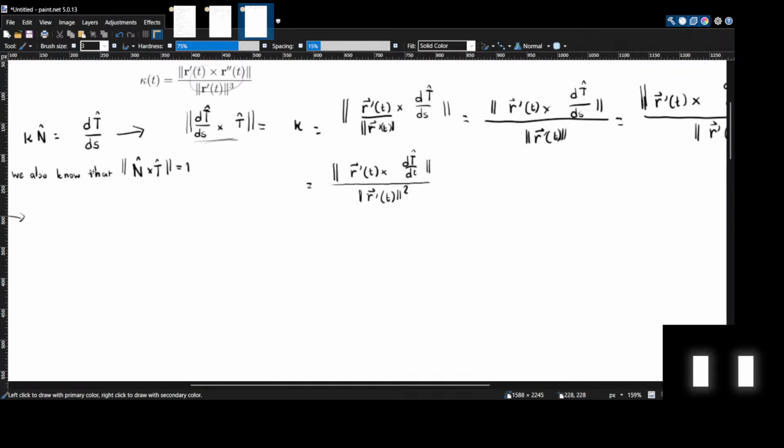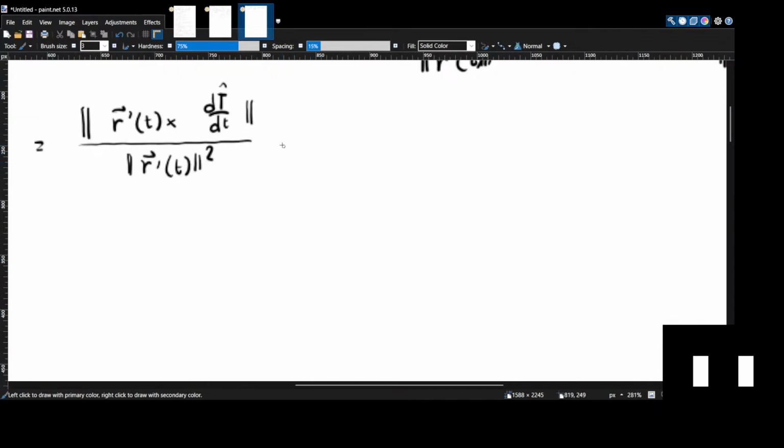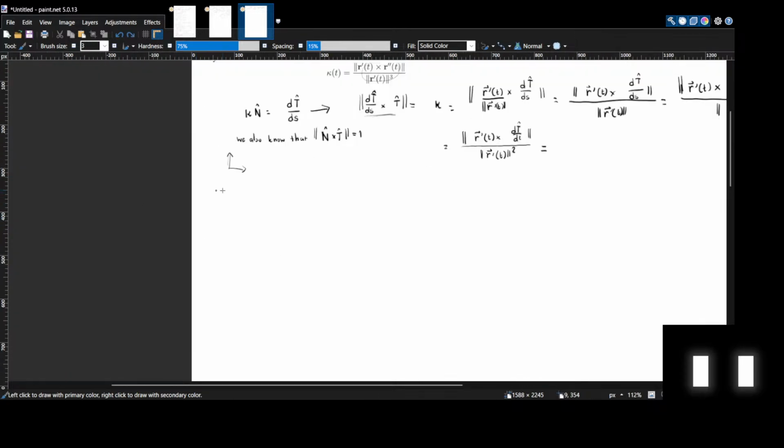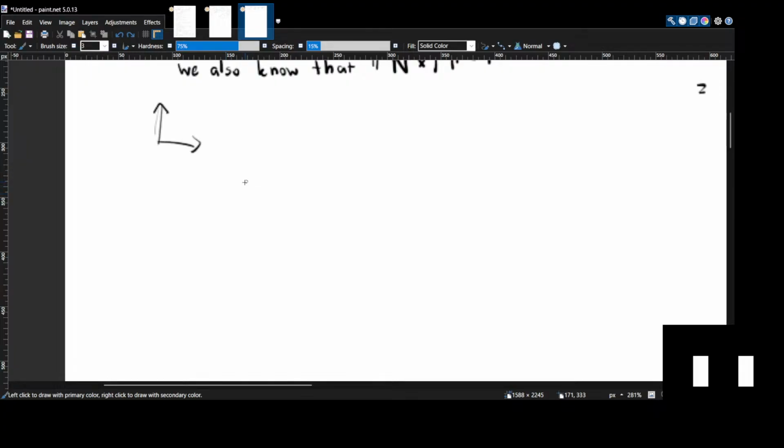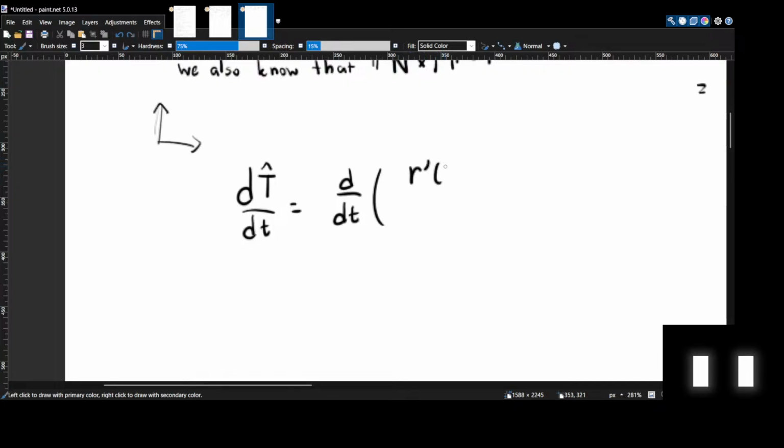But we also know that T equals... let's take a break from that term because it's getting a little messy and I don't want to copy it all over again. So dT by dt is going to be equal to d by dt of r prime of t divided by the norm of r prime of t.